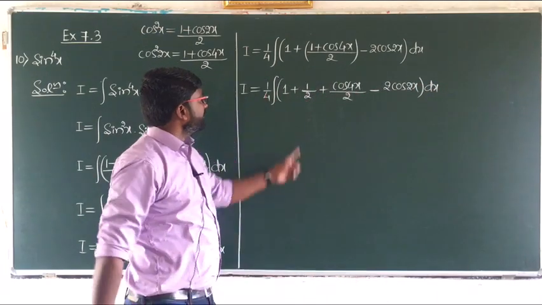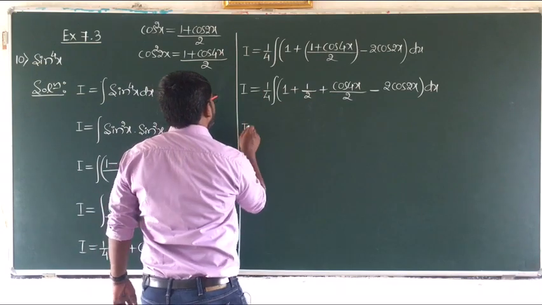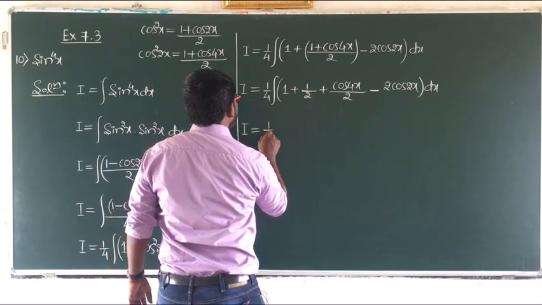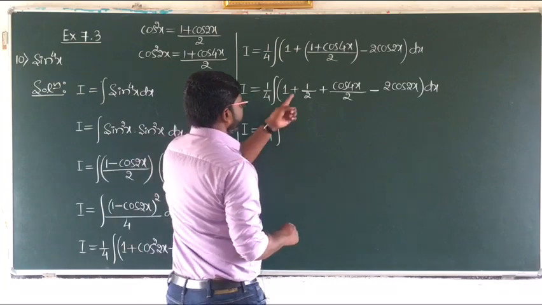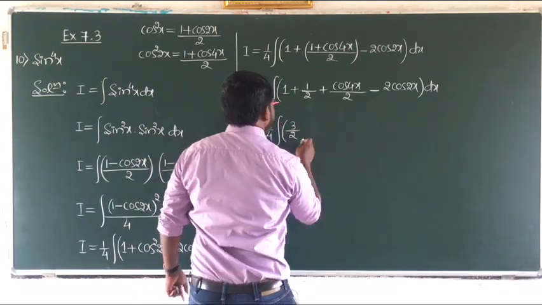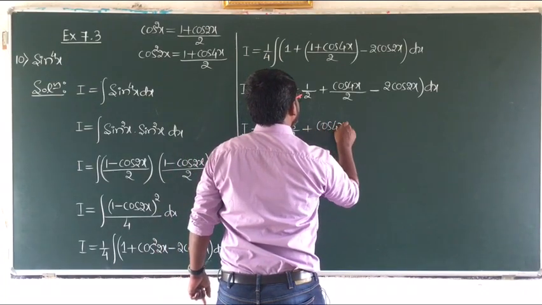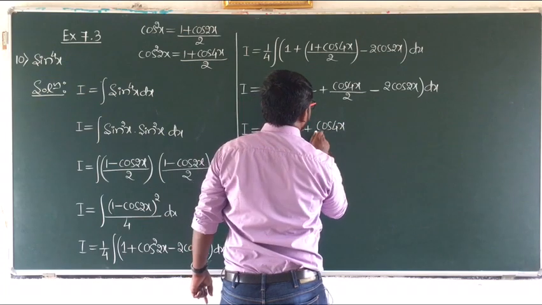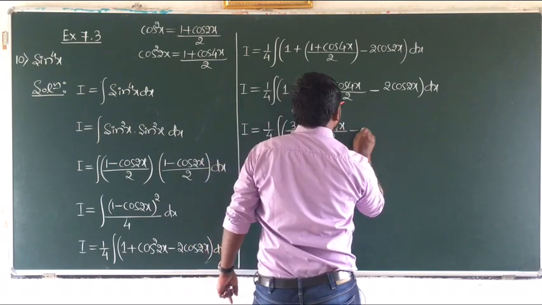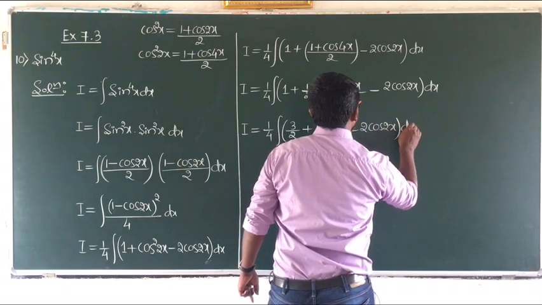So here 1 plus 1 by 2 will be 3 by 2. I is equal to 1 by 4 as it is, integral. So this can be written as 3 by 2, and write the remaining terms as they are, plus cos 4x divided by 2 minus 2 cos 2x then dx.